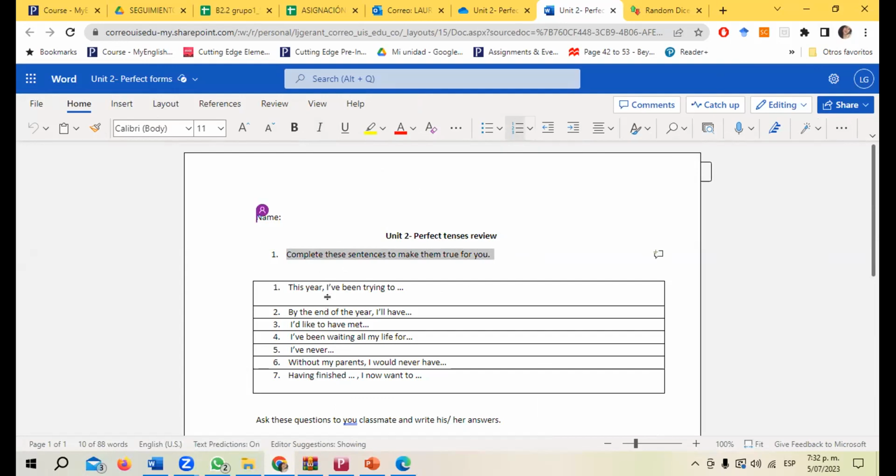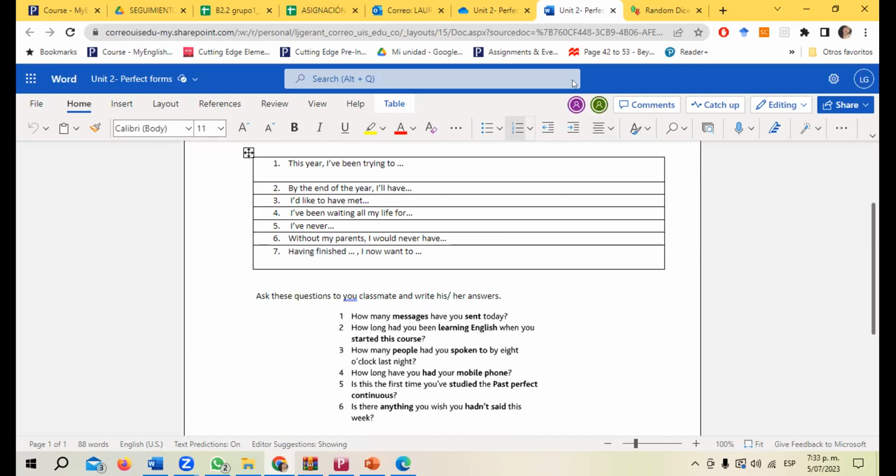For example, this year I've been trying to, and you complete it with an idea that is true for you. By the end of the year, I would like to have met, etc.